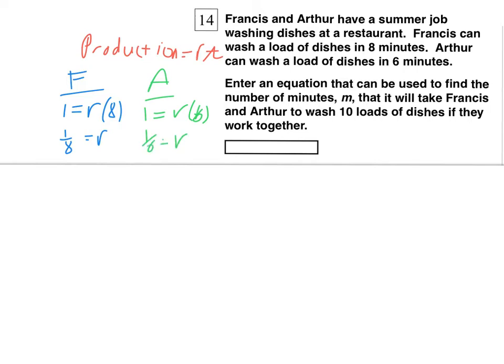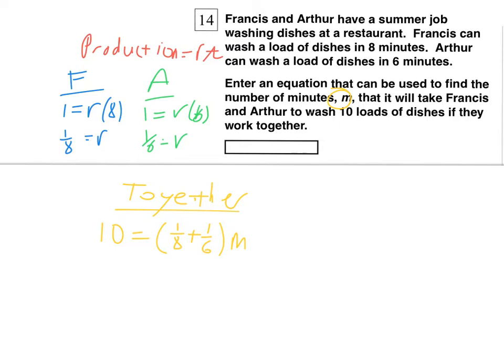Now, if you're trying to work together, which these guys are, you actually get to add your rates together. So my together equation here, we're trying to produce 10 loads of dishes. We get to add our rates together, so 1/8 plus 1/6. And then I'm actually going to figure out time, which they say to use the variable m. So I'm just going to put m there.